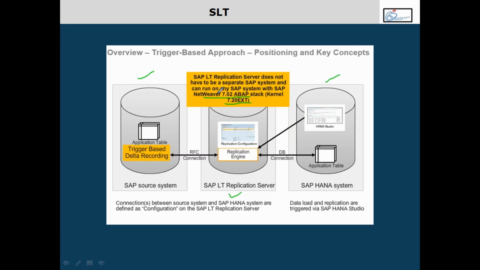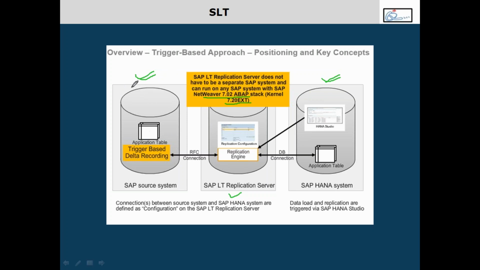So once we have this ABAP stack and kernel and your SLT server installed, we will install HANA, which will be referred to as the target. Let's say any SAP source, it could be ECC, CRM, SRM, any SAP business suite.